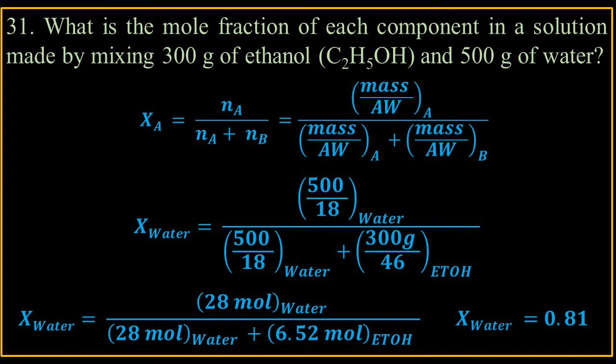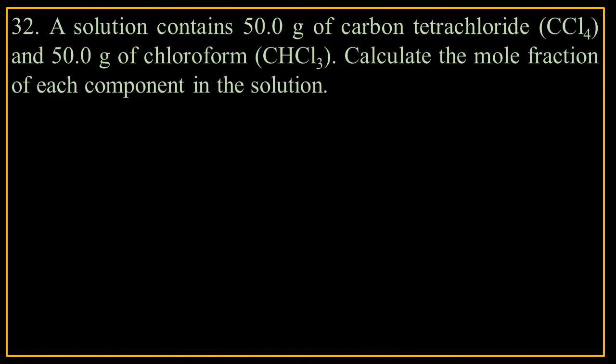Now, notice that the sum of the mole fractions is going to equal 1. So we could have done this the easy way and said 1 minus the mole fraction of ethanol equals the mole fraction of water. And the next time we do this problem, we'll do that.